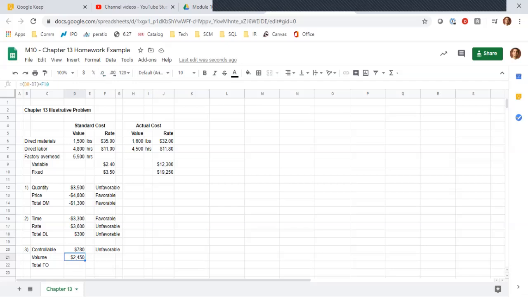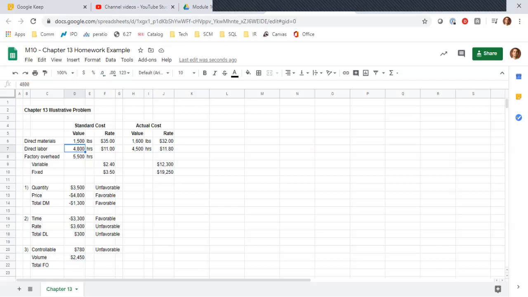Okay. So our volume variance, deciding whether it's favorable or unfavorable. So we took our difference in hours, which is our 100% capacity less our operating level times our fixed rate.